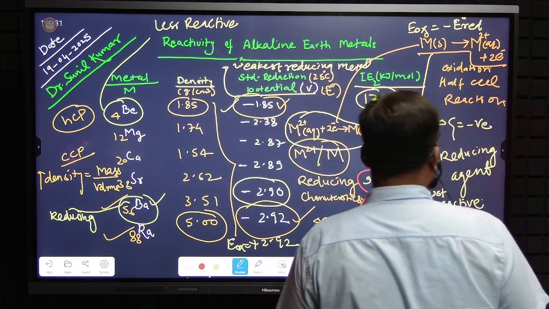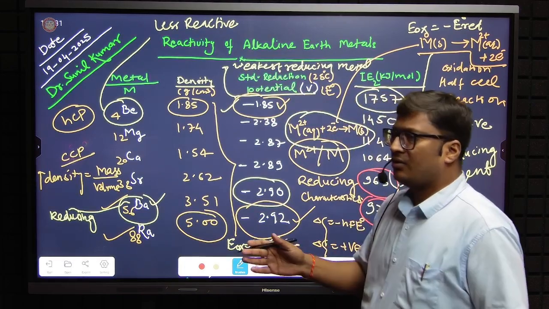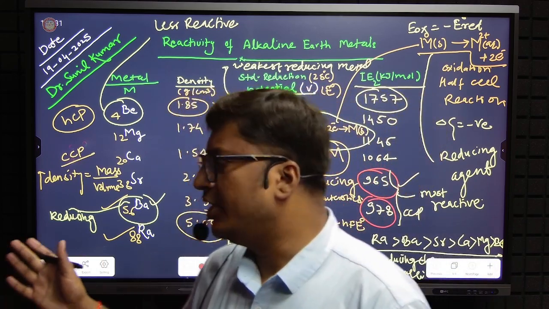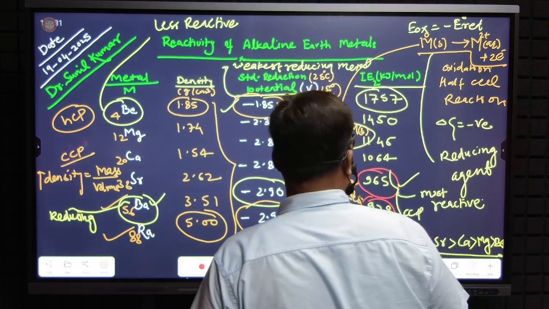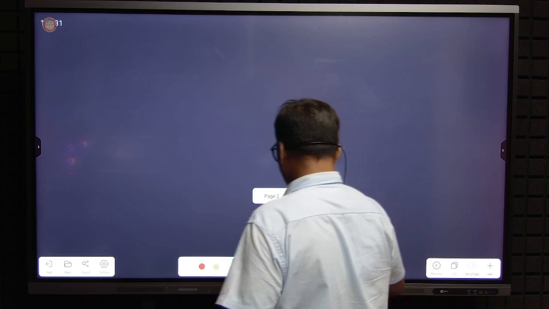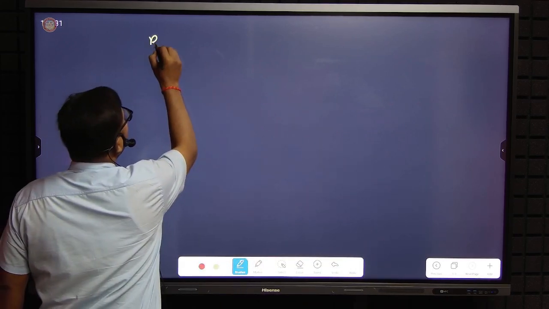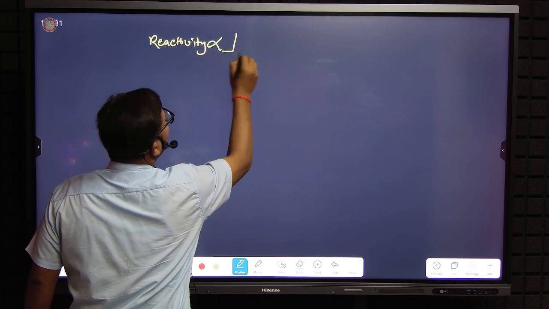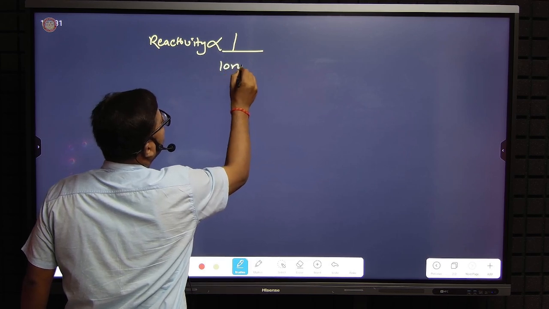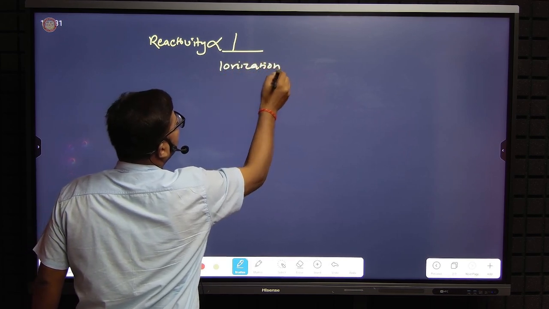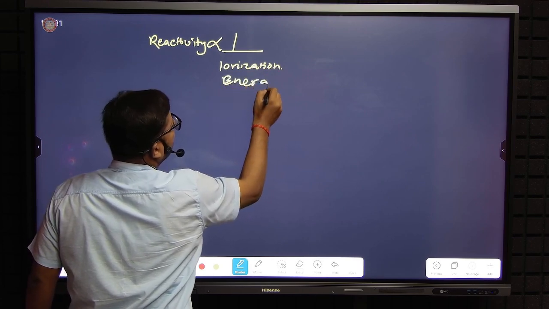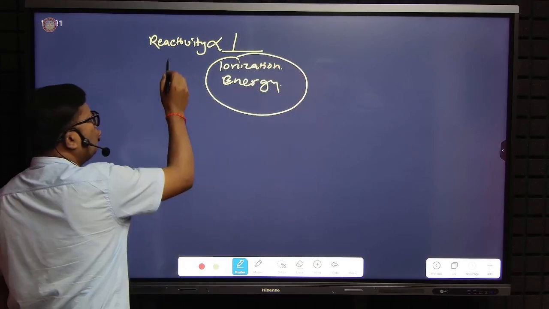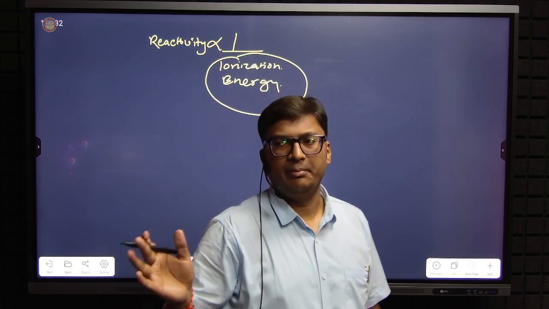Larger ionization energy confirms little reactivity of that particular metal. So what is the relation? Reactivity is inversely proportional to ionization energy, right? So the larger the value of ionization energy, the lower will be the reactivity of the metal.